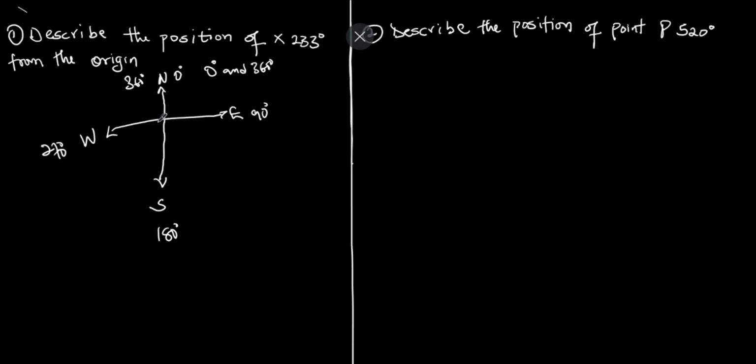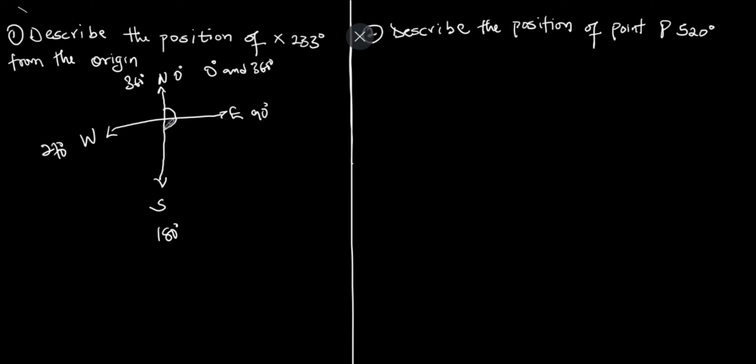So now, when you're asked to draw a bearing, describe a position, you have to start from the origin, which means you start your movement from the north. Now, we are asked to describe point X, which is 233 degrees from the origin. From the origin you move to this point, 90 degrees.